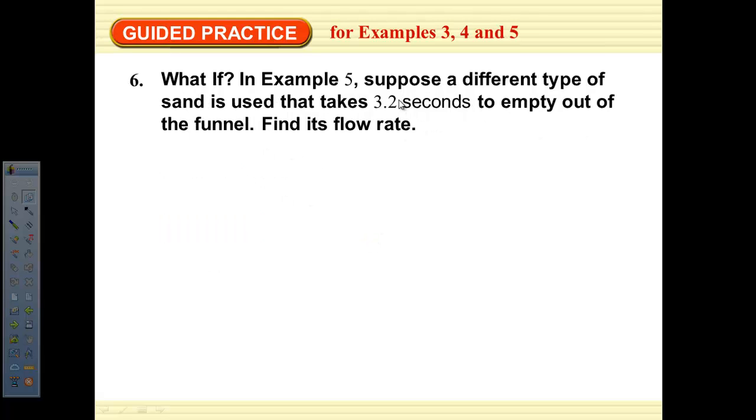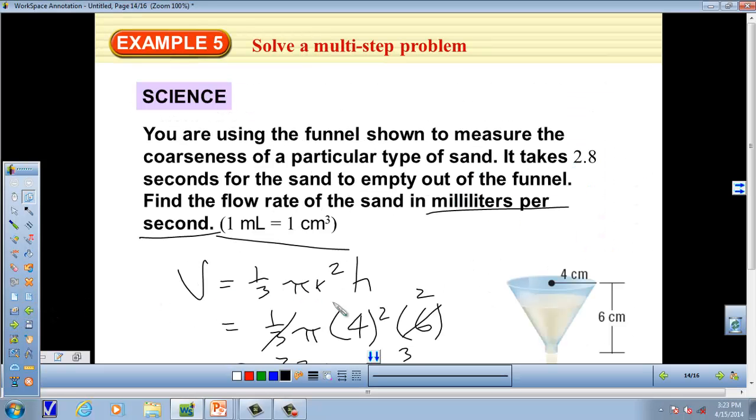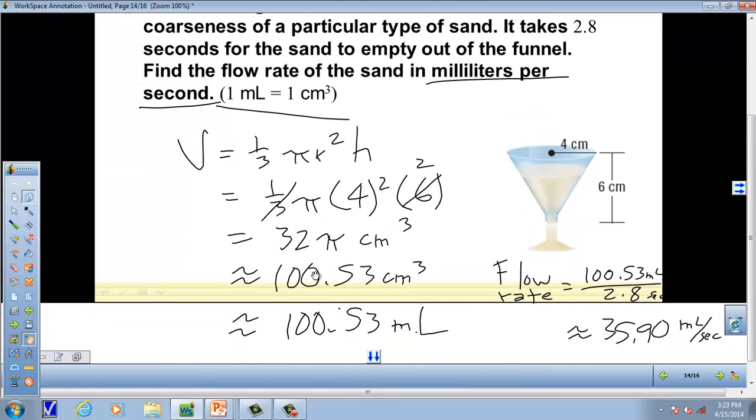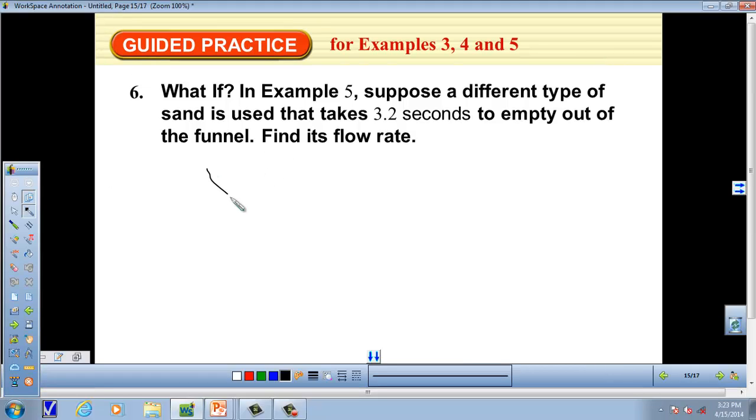Alright, and so for the other one, it says, suppose a different kind of sand is used. It takes 3.2 seconds. If we go back a couple pages, we found out that the volume of this was 100.53 or 32 pi. So again, we found out the volume was 32 pi milliliters.